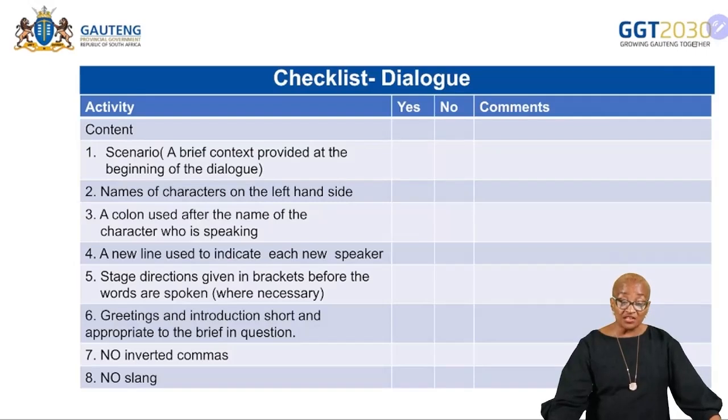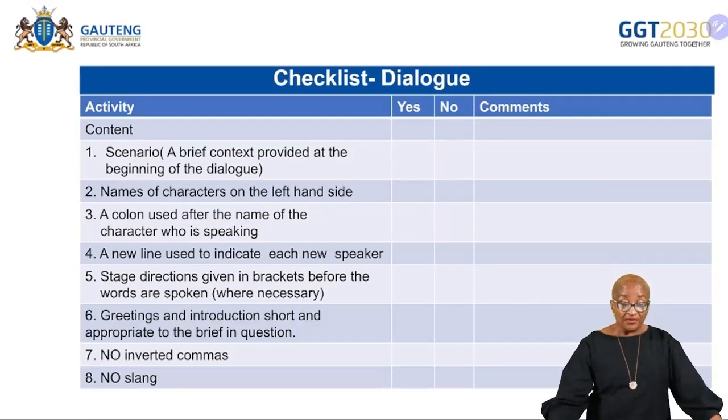If it's there, it's a yes. If it's not there, it is then a no. And then you will write appropriate comments. The names of characters on the left-hand side, a colon used after the name of the character who is speaking, a new line used to indicate each new speaker, stage direction given in brackets before the words are spoken.